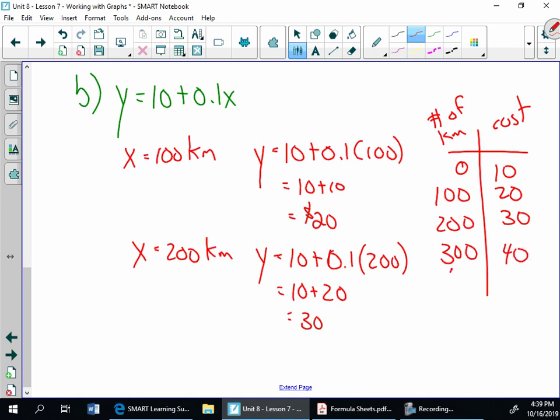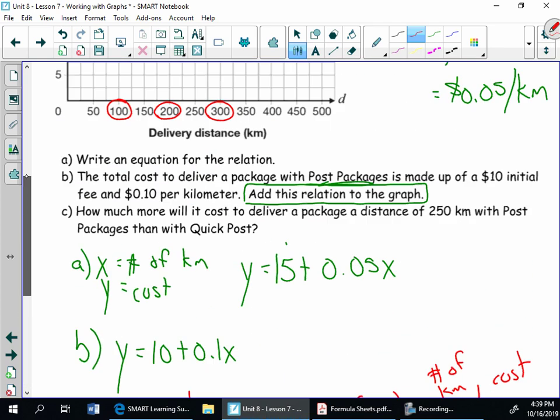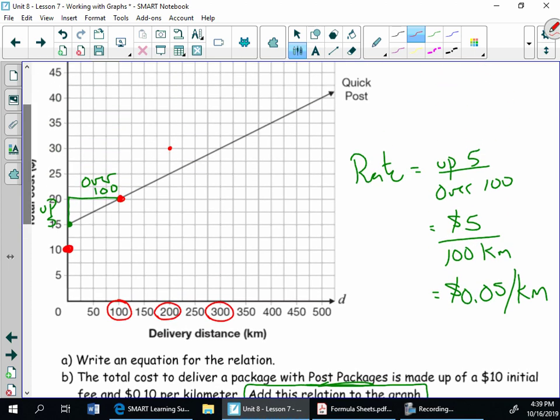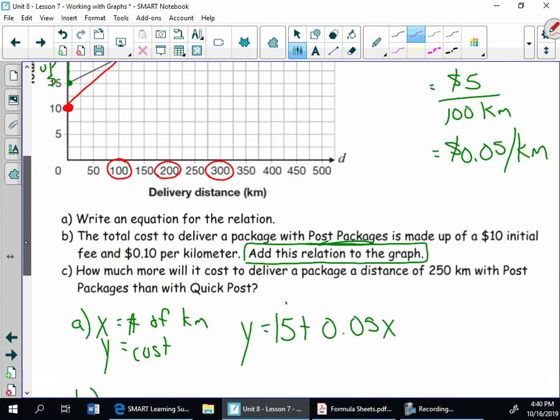I bet it's 40 bucks, and 400 is 50. And if I add those to my graph, just for fun, 300 is 40. Well, doesn't that follow my pattern perfectly in a nice straight line? I mean, that's kind of the idea. These all should make nice straight lines. Okay, so we did B.